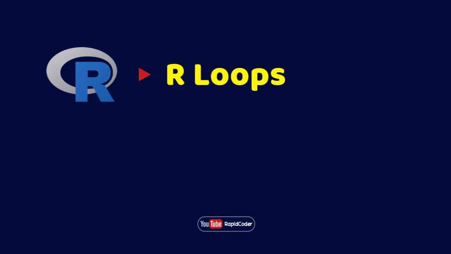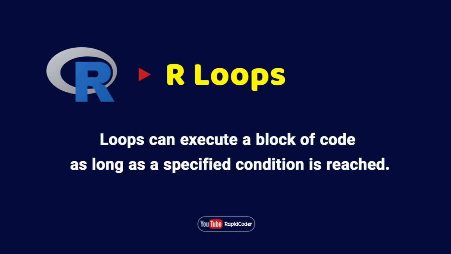Sometimes we need to execute some code more than once. In these situations, we must use loops. For example, while loop or for loop. Loops can execute a block of code as long as a specific condition is reached.